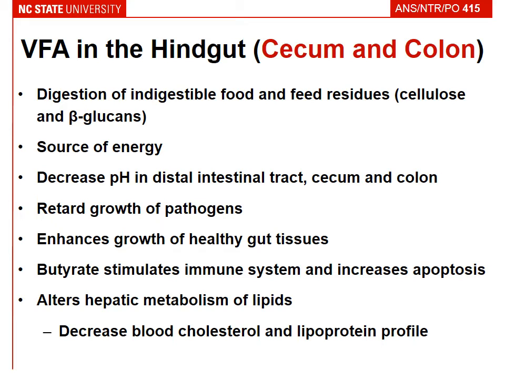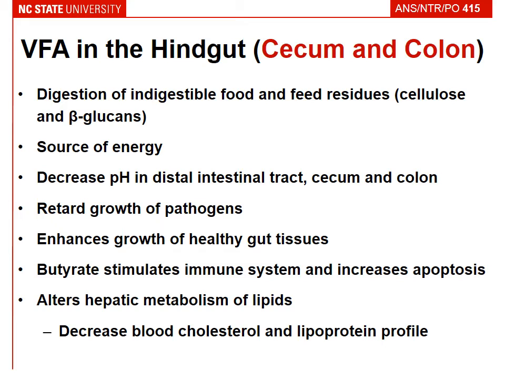So how do volatile fatty acids in the hindgut, the cecum and colon, end up occurring? In the hindgut, this occurs due to the digestion of indigestible food. The animal is not able to utilize it, so the microbes get the leftovers in hindgut fermentation.